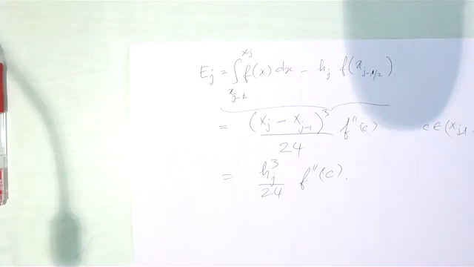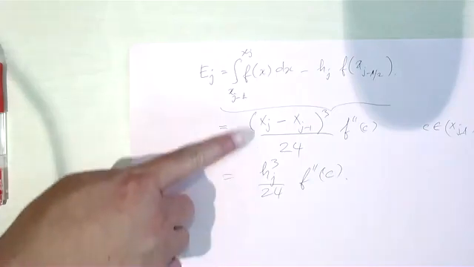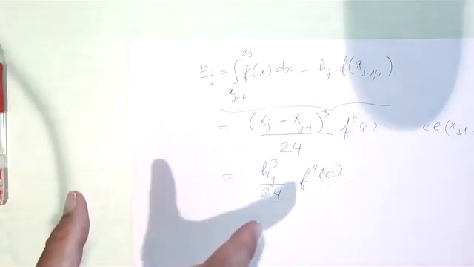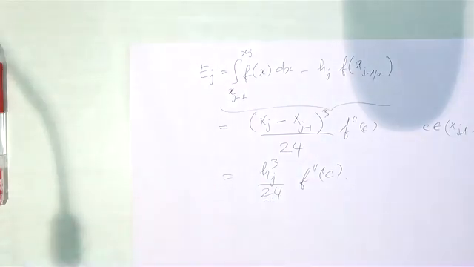There are some steps in proving this, but let me skip it. It is based on the errors you computed for each subinterval, and you can get this error estimate.